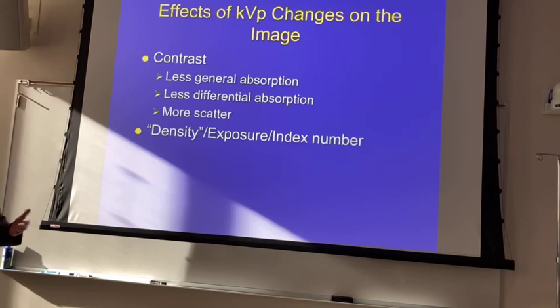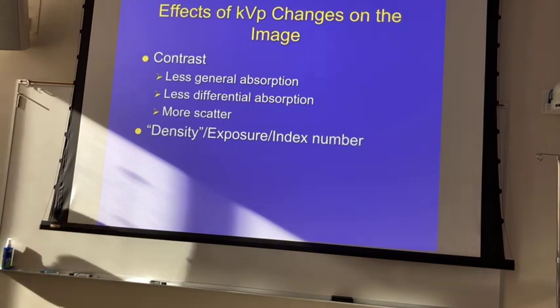Scatter adds fog. Fog destroys contrast. That's a visibility function, right? So with the increase in kVp, you get less general absorption, you get less differential absorption, and you get more scatter radiation. And that's how it would affect your contrast if you were using films or previous technology.